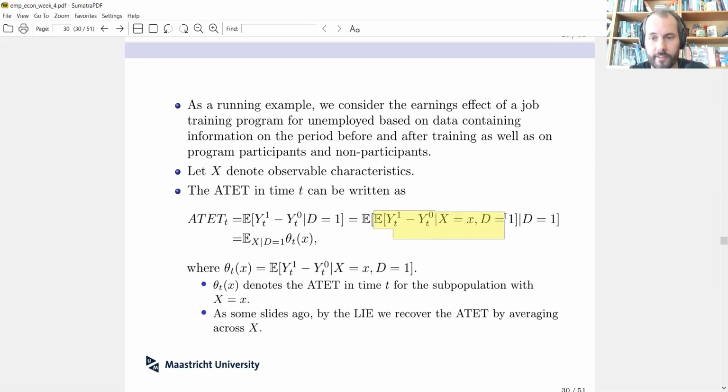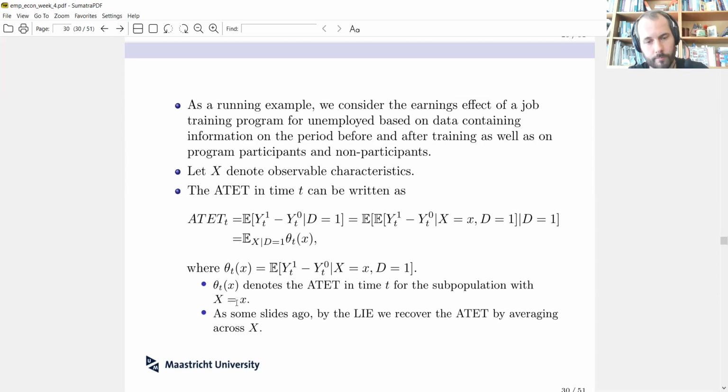So here on the inside, we make an apples to apples comparison where we, for instance, condition on people in the same industry. And then we average across all the X's. So you see that this theta_t of X is the average treatment effect on the treated in time period t for the subpopulation with a particular characteristic.